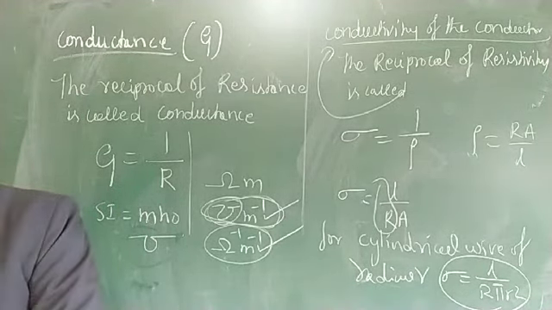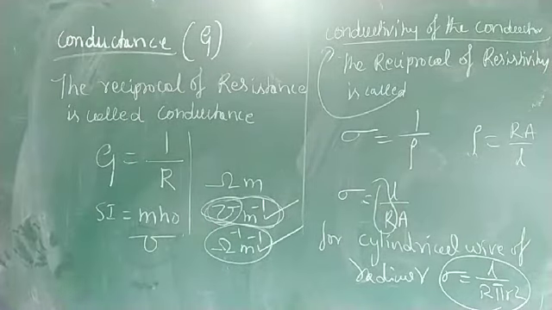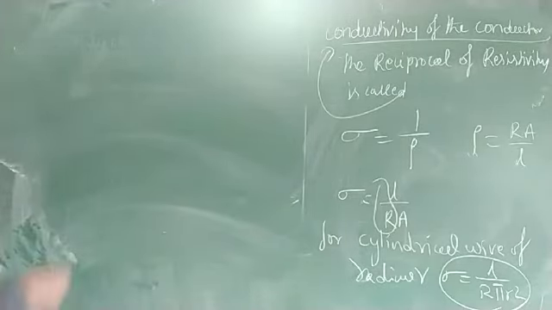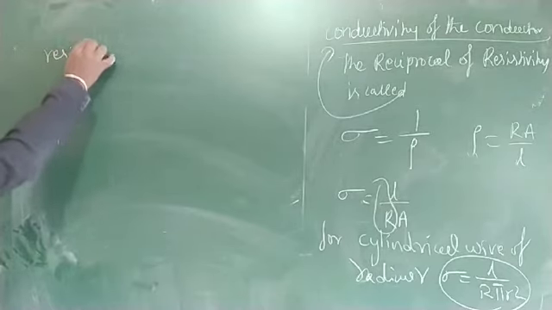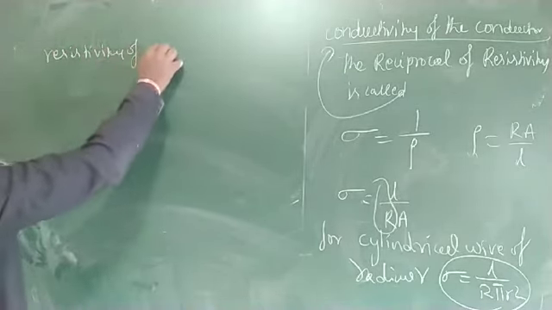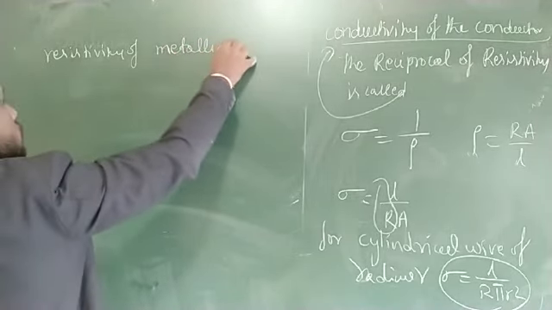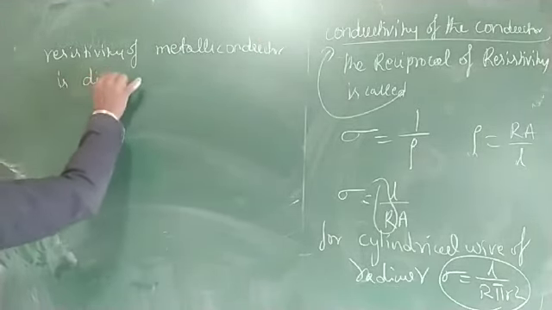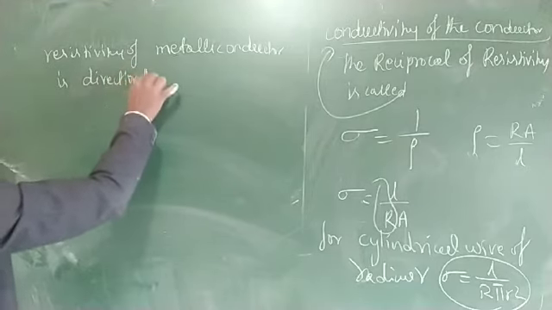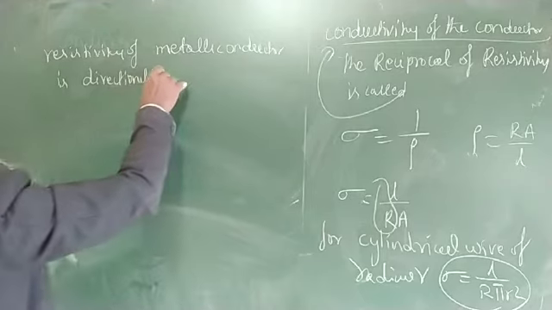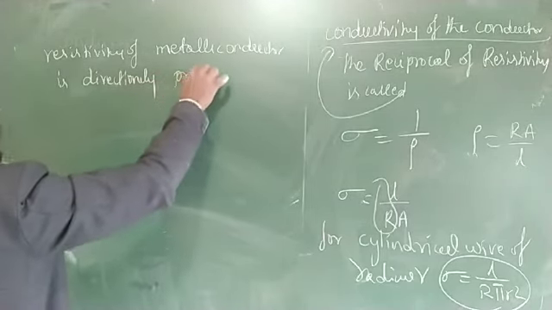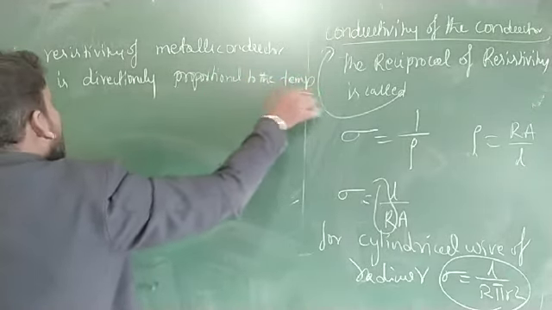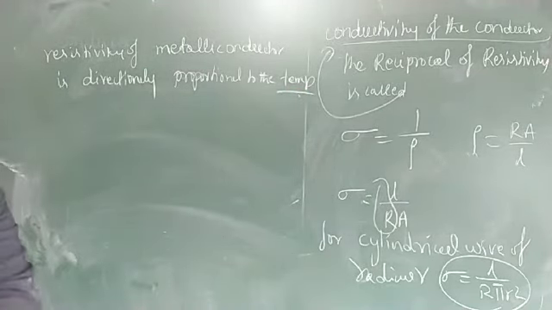Next, the resistivity of a metallic conductor is directly proportional to the temperature.